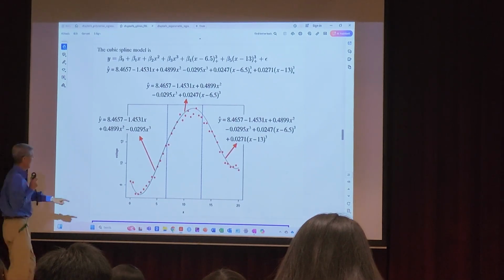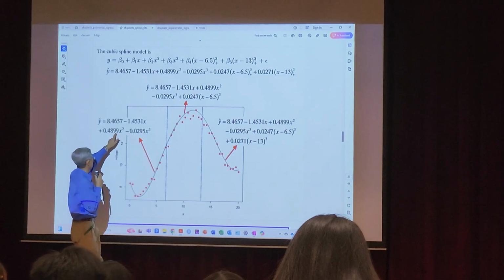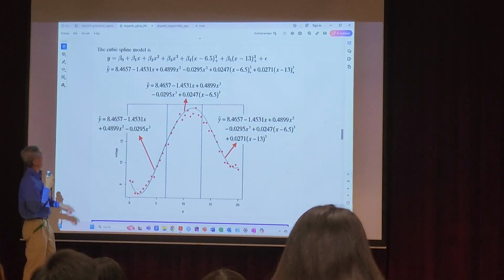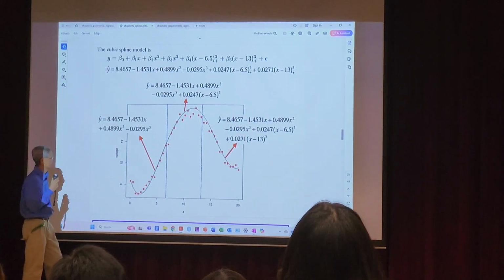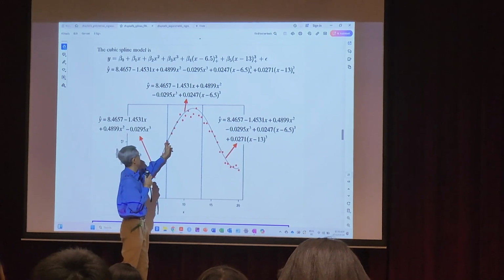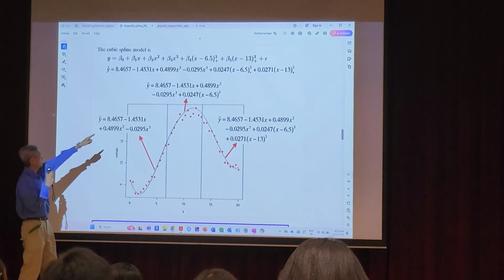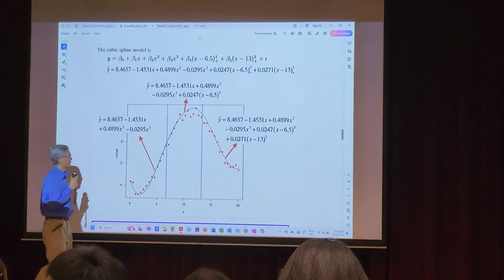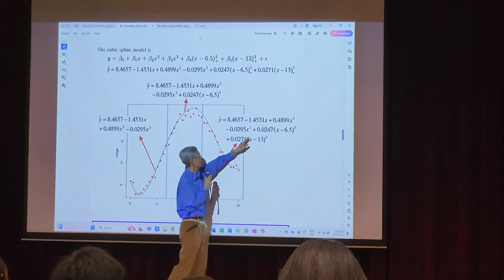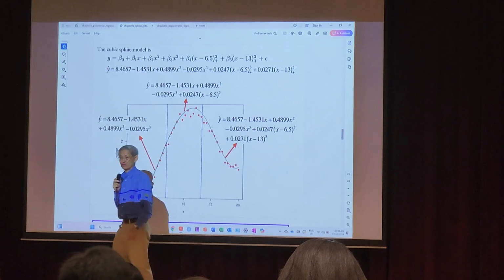So from here to here, the cubic model is defined by the base model. And from 6.5 to 13 is defined by this cubic model. And the last cubic model is defined by this, with the additional 2 terms.